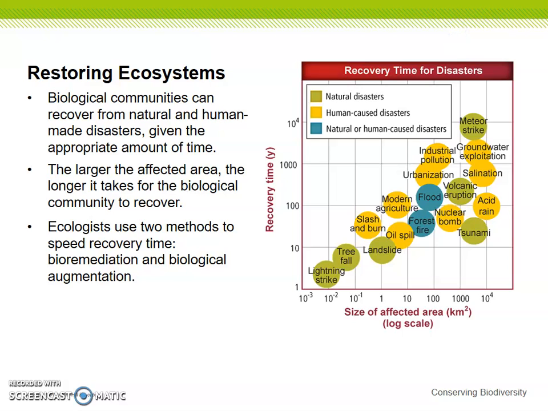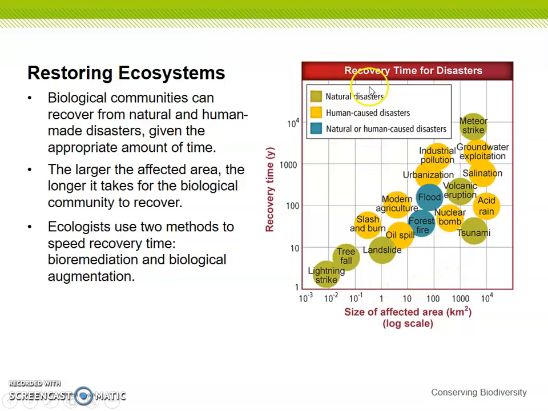Restoring ecosystems. Biological communities can recover from natural and human-made disasters given the appropriate amount of time. The larger the affected area, the longer it takes for that biological community to recover. Ecologists use two methods to speed recovery time: bioremediation and biological augmentation. Over here on the right, we have a graph showing natural disasters.